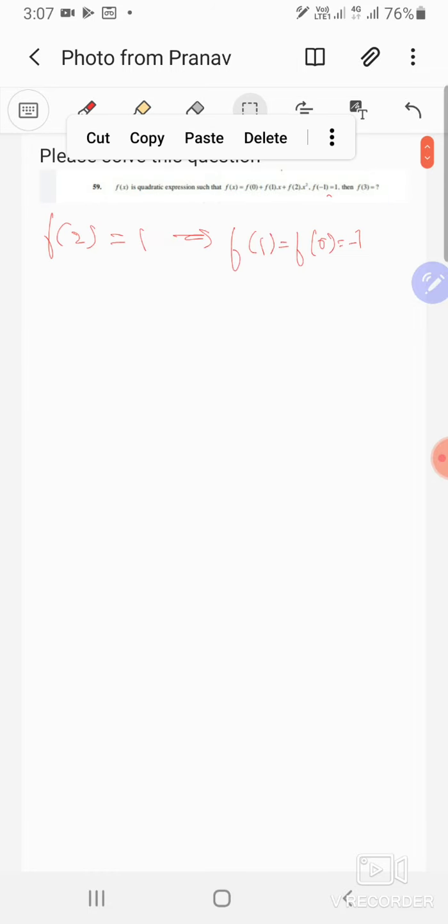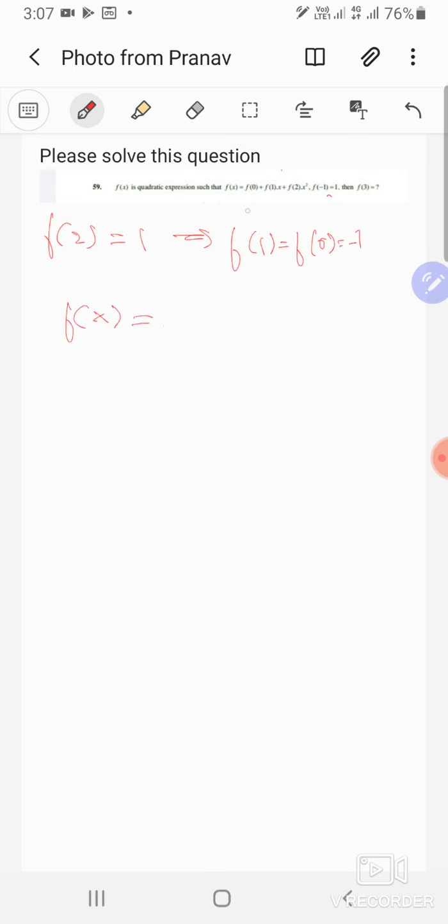So f of x equals f of 0, that is negative 1, f of 1, that is also negative 1, so you got negative x, and then plus 1x squared. This is x squared minus x minus 1. That's the function. So now we need to find f of 3. F of 3 is going to be 9 minus 3 minus 1. That is 5. Easy as that.